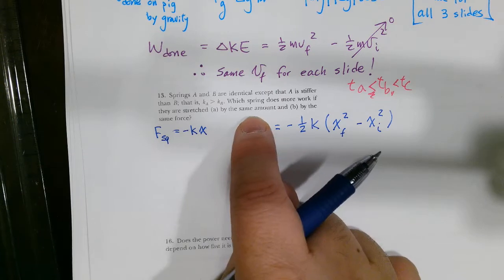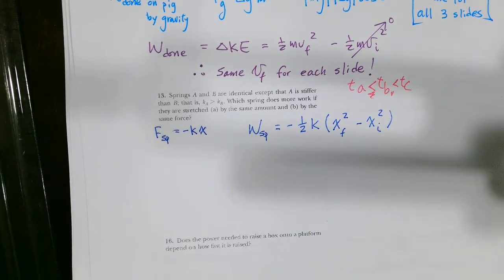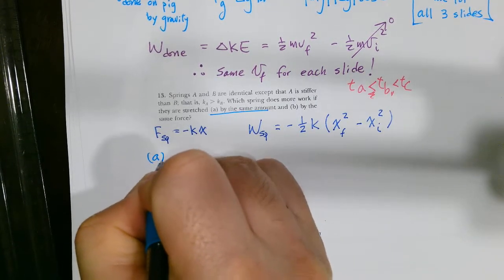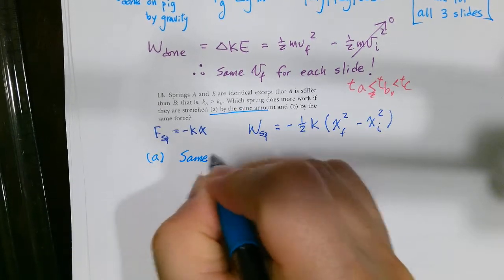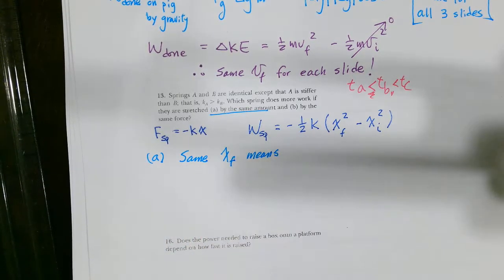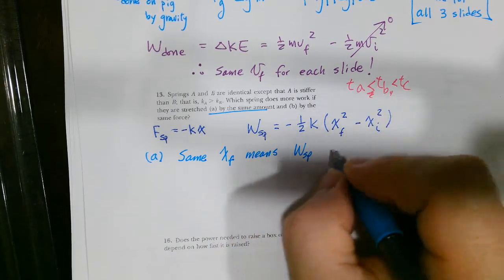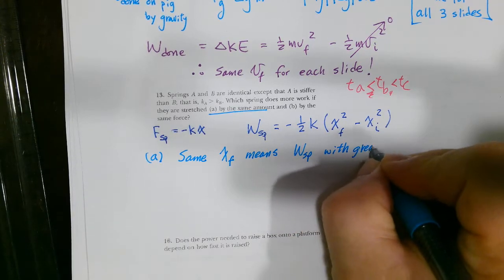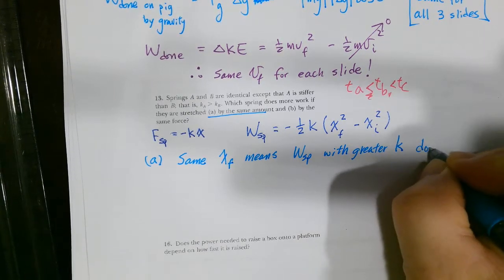So if it was stretched about the same amount, so for part A, same x final means the work of the spring with bigger K does more work.